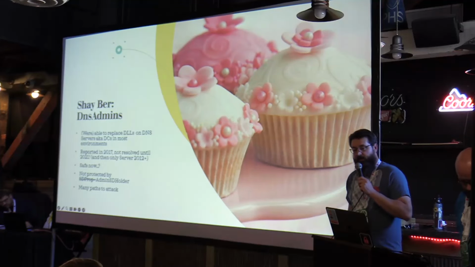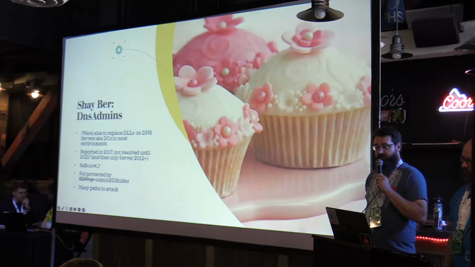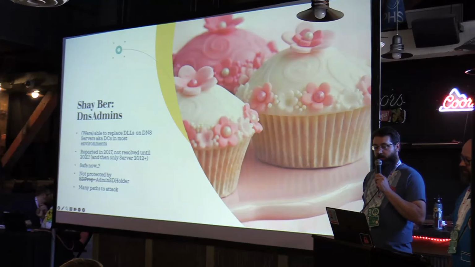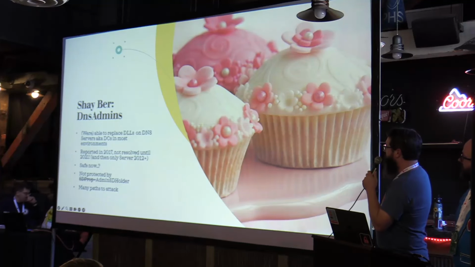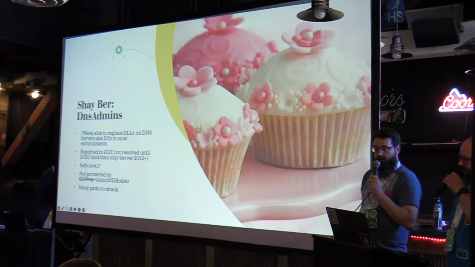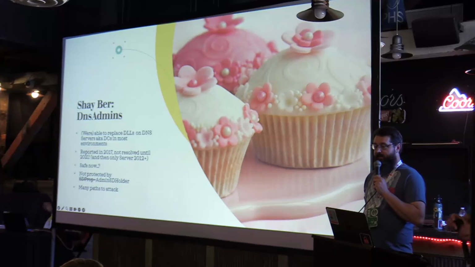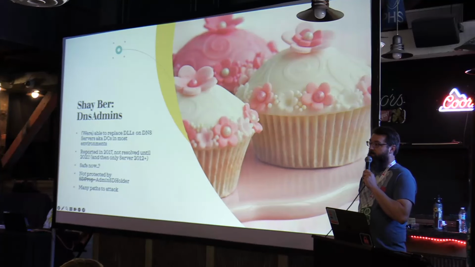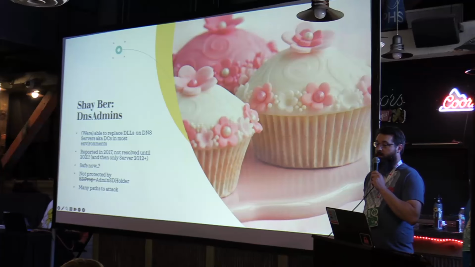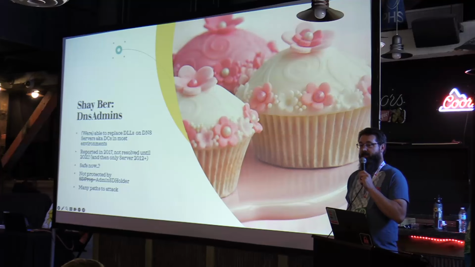Another piece of Active Directory integrated DNS history. This is something that just finally got patched in 2021. It has been around since 2017. Shay Ber found that DNS admins could use the DNS command to load a custom crafted DLL into a DNS server.